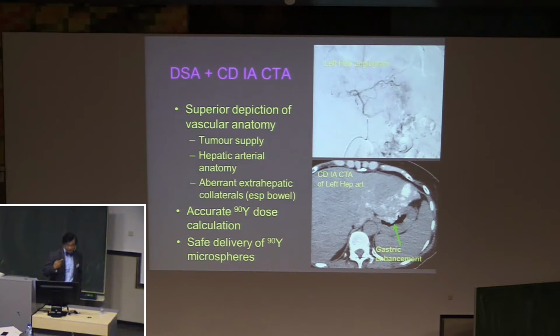So with our experience using intra-arterial CT angiography, we find that we can get superior depiction of the vascular anatomy, both from the tumor supply, the nature of the anatomy, and also information on aberrant extrahepatic collaterals. This information allows us safe delivery of the Y90 microspheres.